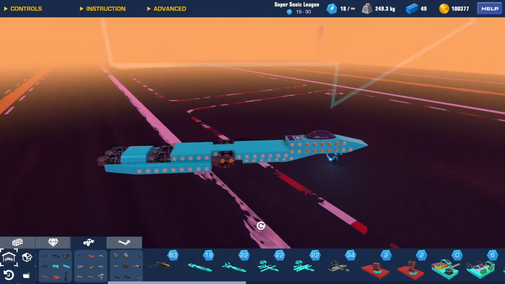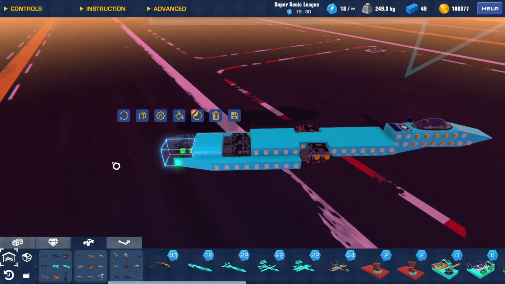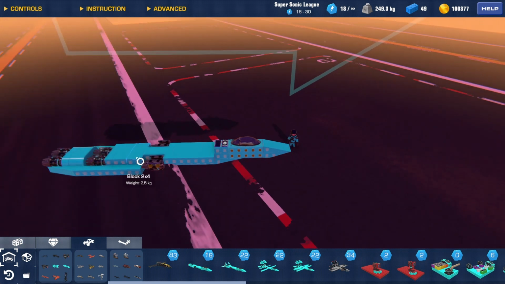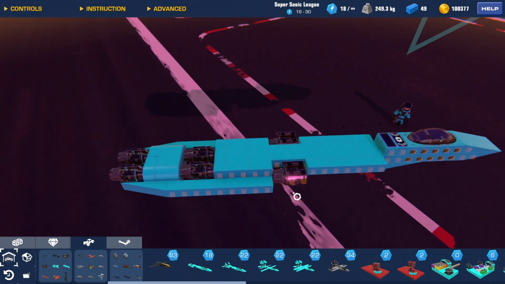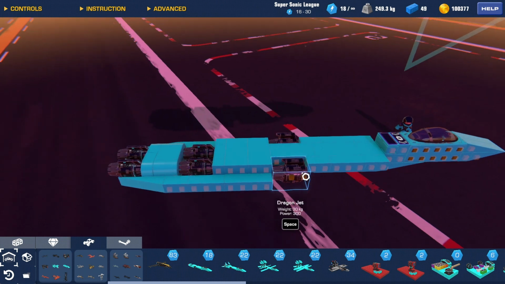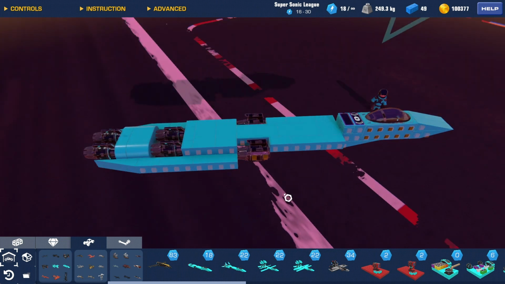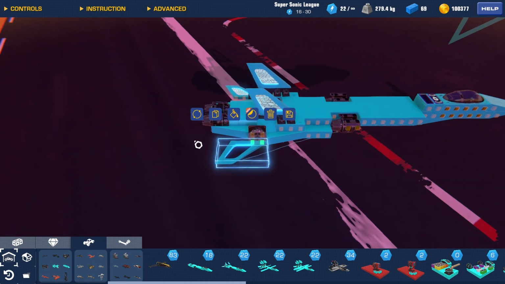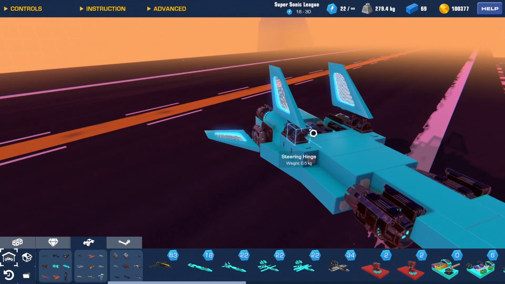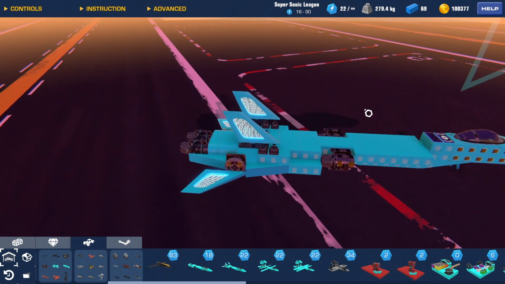Once I have decided how distant I want my cockpit to be from my thrusters, essentially, how the fuselage is going to look, how long it is, what its shape is going to look like, then I generally will start thinking about stabilization. I start to plan out where I want my vertical and horizontal stabilizers to be, how the angles work on them.